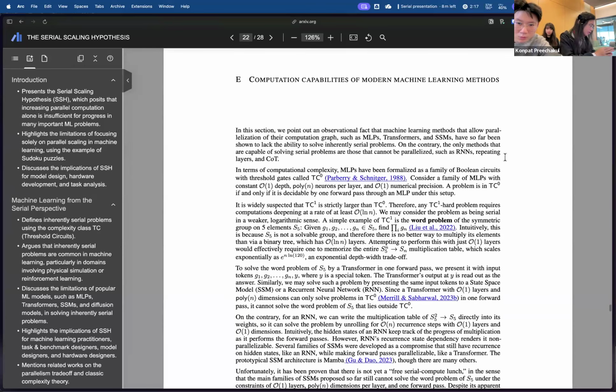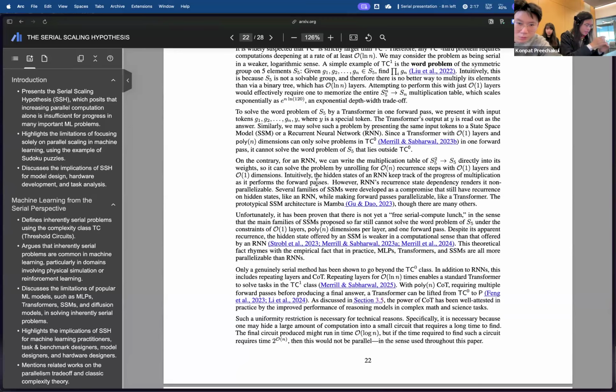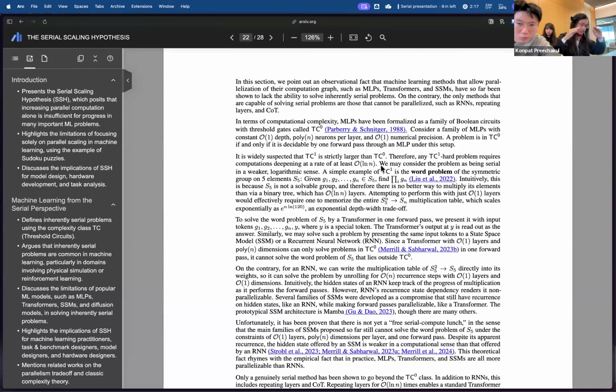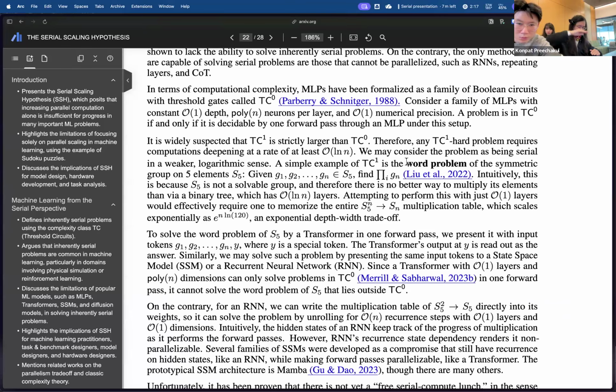Now, as you said, you can just do the binary tree multiplication and solve it in log serial steps. That is not a very difficult kind of state tracking if you think about it.